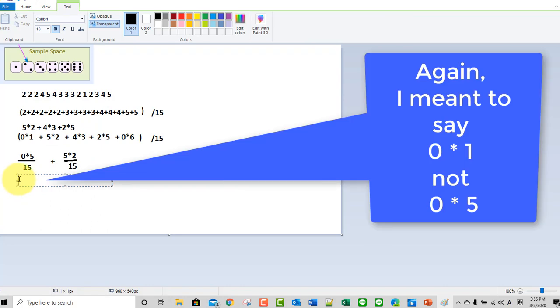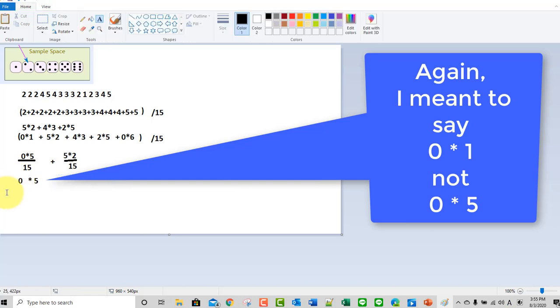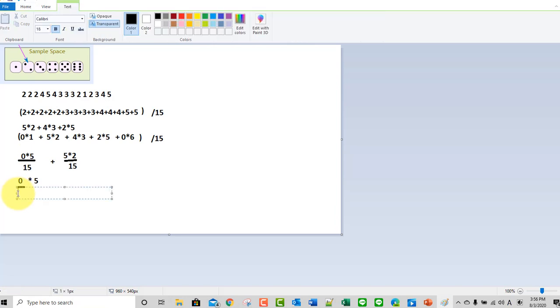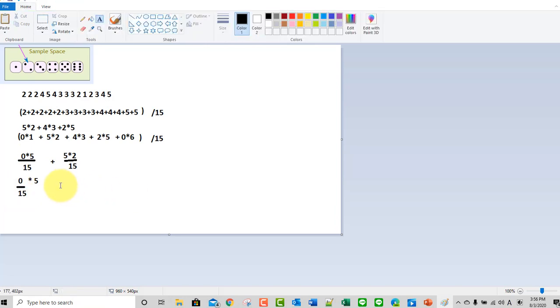I could rewrite this expression like 0 times 5. And then here I could put the 15 just over this part, right? You can do that in algebra. You can do the 15 just here. And then plus, and then you could do the same thing here.